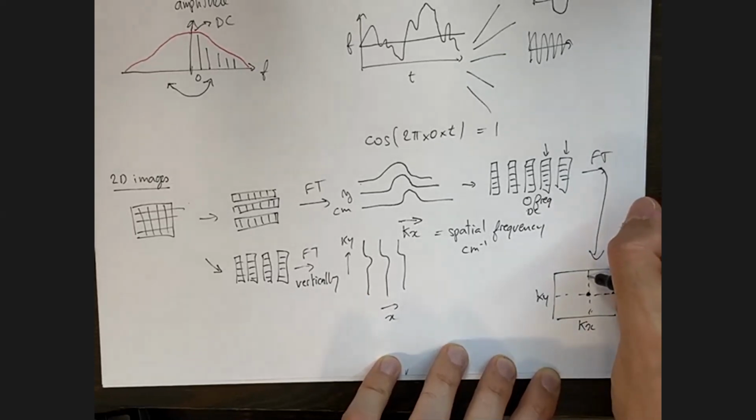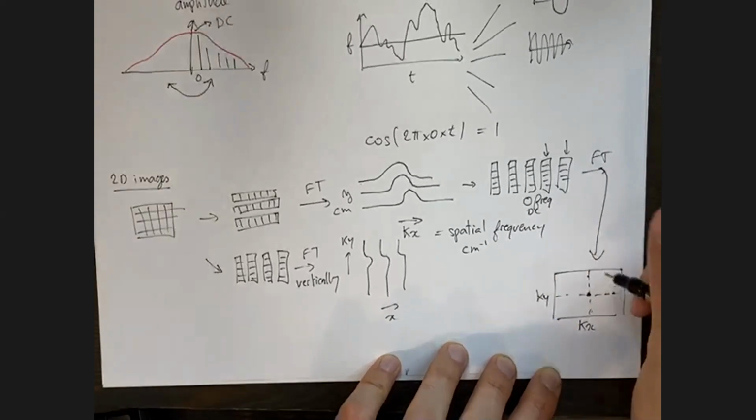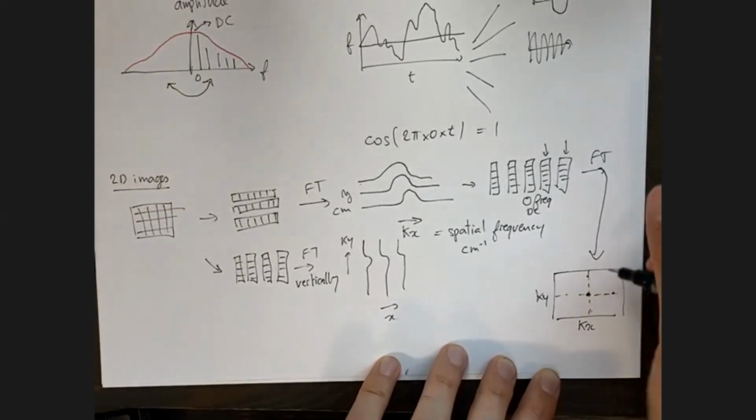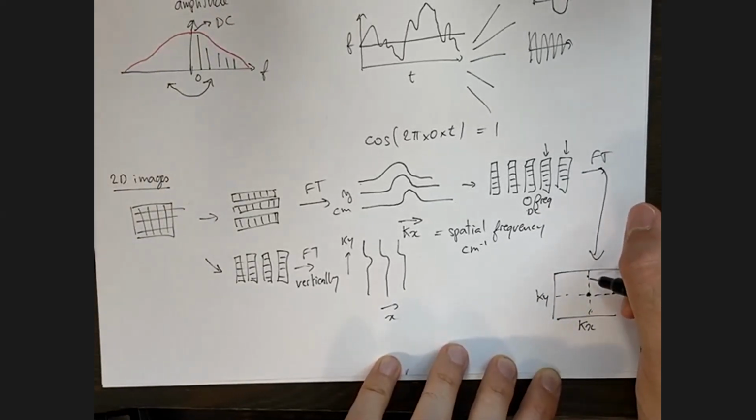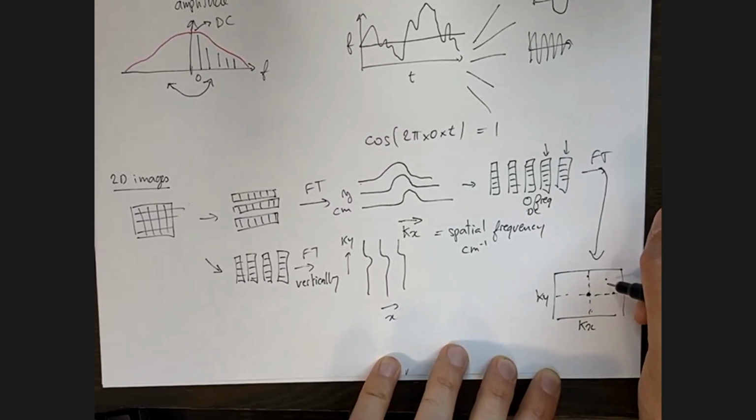And if we look at this one here, this is an example where we have no spatial frequencies in the horizontal direction, but spatial frequencies in the vertical direction. And then we can have a combination of both, so we can have points here where we have a mixture of vertical and horizontal frequencies.